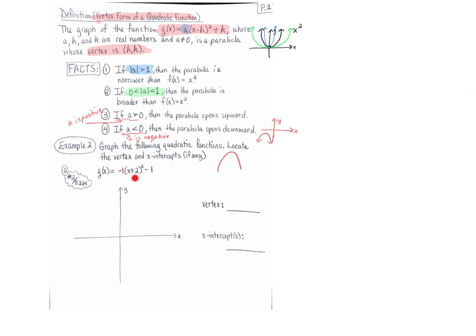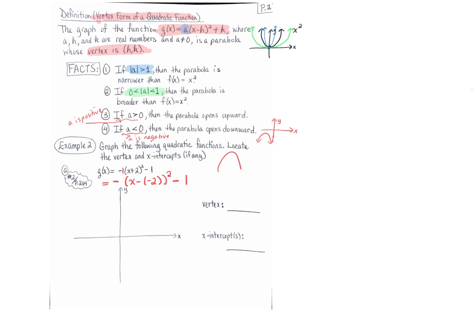To find your vertex, remember, you have to have x minus h, but this is x plus 2. So we want to rewrite this to get negative 1 times the quantity x minus, because subtracting a negative gives you your plus, a negative 2 squared minus 1.